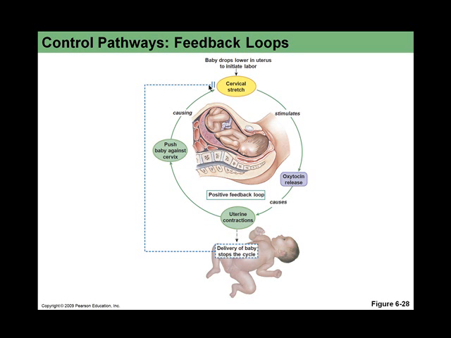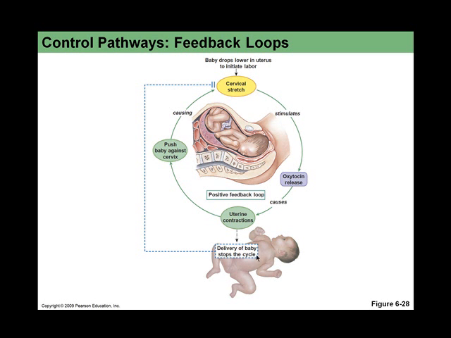turn off the system. But up until the point that you have the delivery of the baby, this positive feedback system continues. So you get the initial stretch, oxytocin release, uterine contraction, push the baby against the cervix to stretch it more, and then you get more cervical stretch, more oxytocin, and so on and so forth.